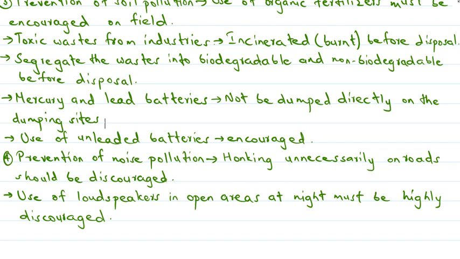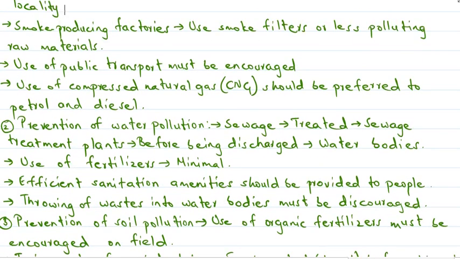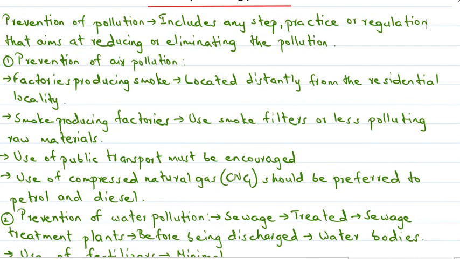So let's now quickly revise the things that we have studied today. Today we have discussed the ways of preventing different types of pollution. In the last video we had learned how pollution has harmful effects not only on the environment but also on living organisms.